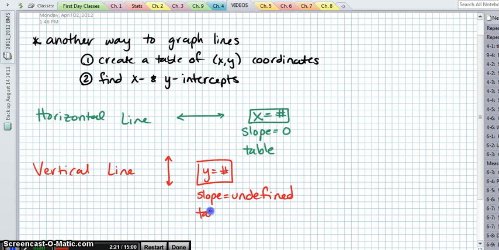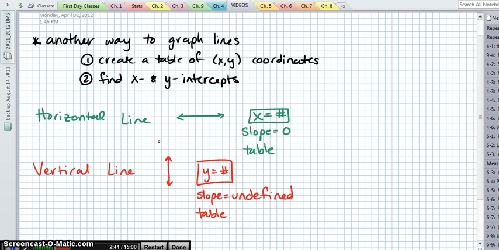But again, we could make a table of values. You can choose anything for x, but you always know that y equals that certain number. And therefore, you can graph your vertical line. Vertical lines, remember, do not represent functions, but horizontal lines do. So that's just something I wanted to reiterate.